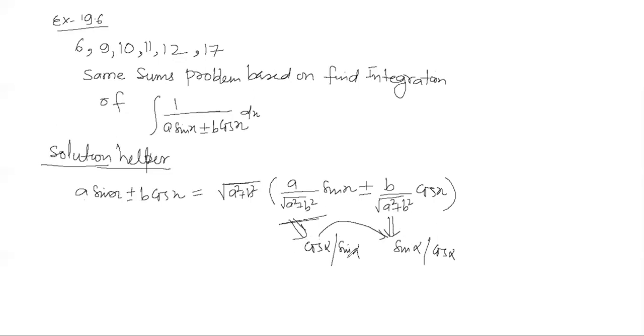If we take this value as sin alpha, the other value automatically would be cos alpha. Okay, got it? After that, use the VIP integration formula.